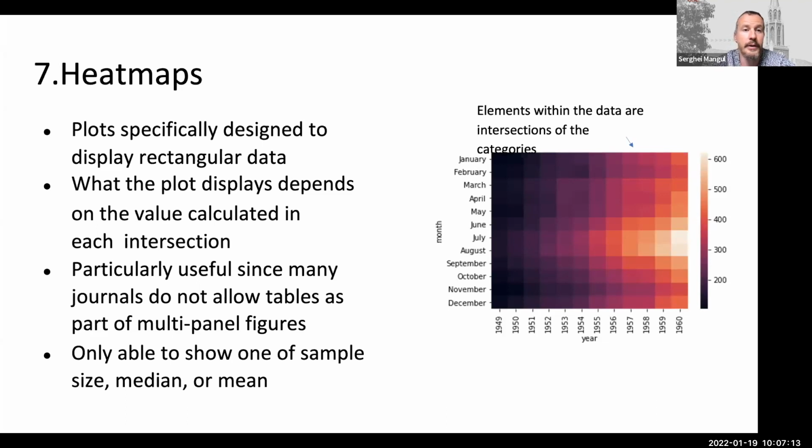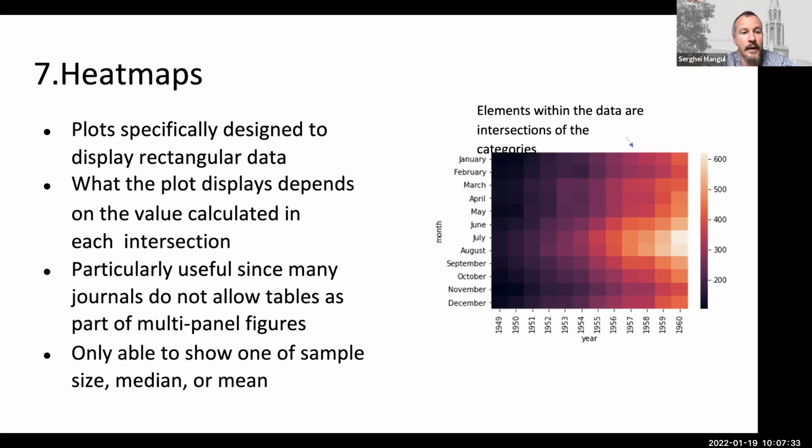What the plot shows really depends on whatever you would like to show. But you're showing it on a rectangular kind of scale, not just a linear one. You're not looking across the years only, but you're also looking at the variation across the months.